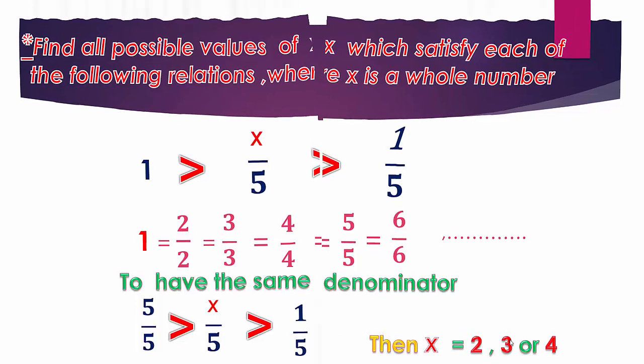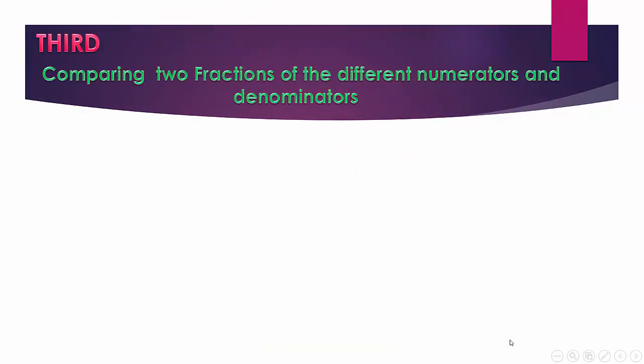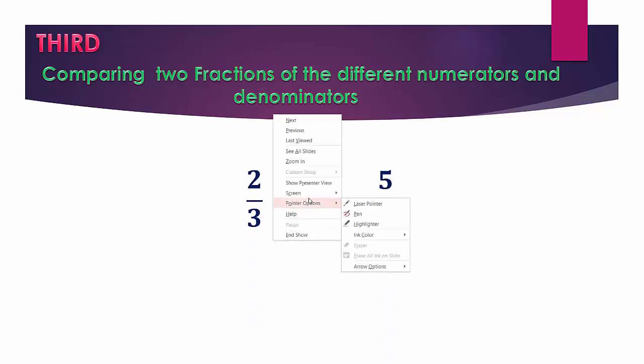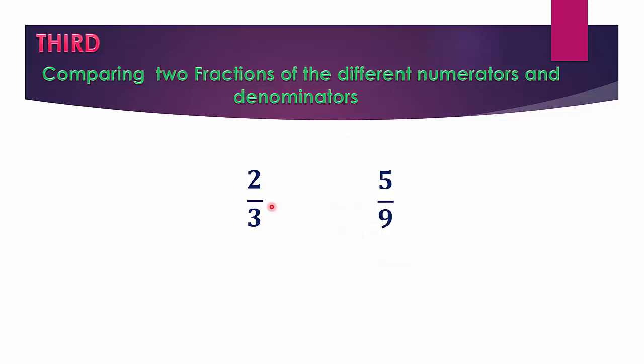Okay. The third case, my students, if I have to compare two fractions of different numerators and denominators. I have different numerators and different denominators, like these fractions. Here I have 2 over 3 and 5 over 9. 2 over 3 and 5 over 9.